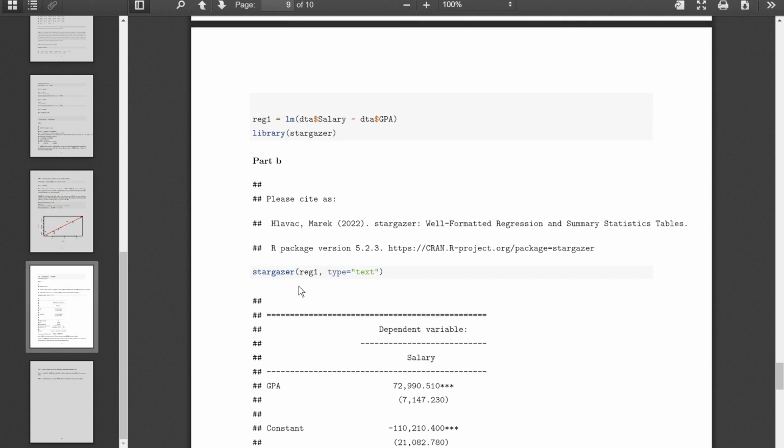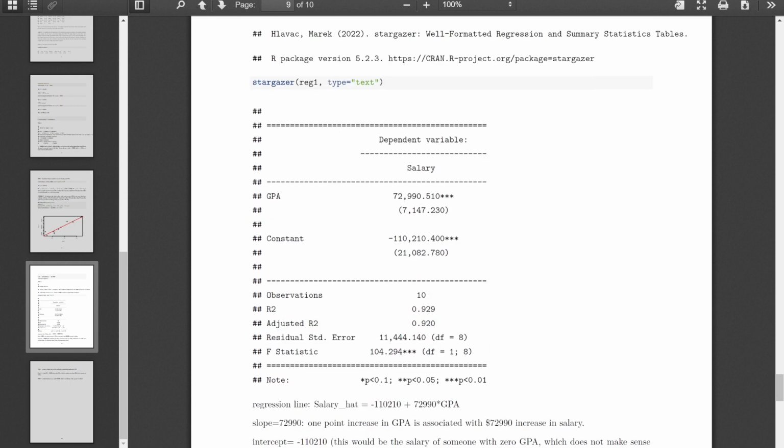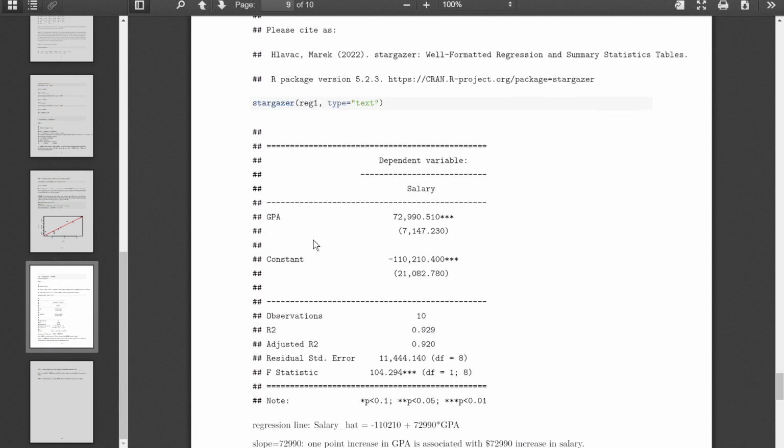Right here, you can check this. And Stargazer, I really like this Stargazer. You can install it and use library Stargazer. When you write a regression, give it a name, Reg 1, and you show it using Stargazer. The output of this table is very neat.